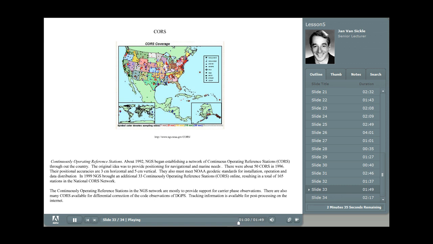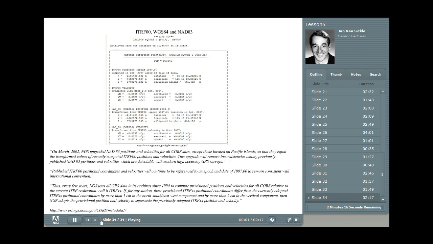In fact, NGS on their website provide constant available downloads from these CORS stations that you can pull down over the internet and process your GPS work against so that you can derive differential positions. This is a very valuable resource.